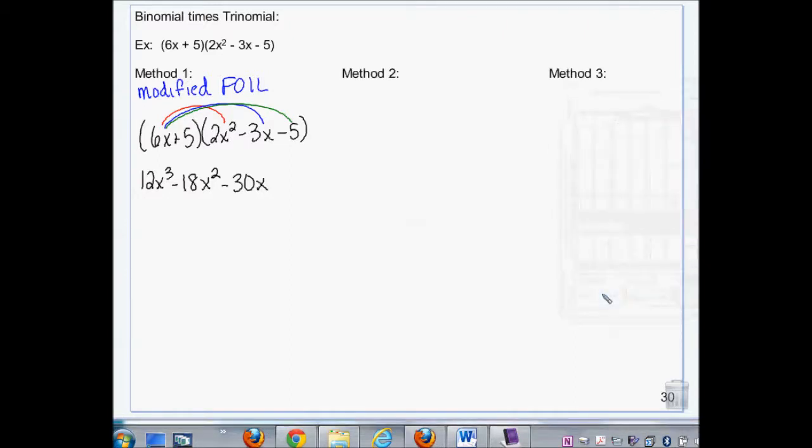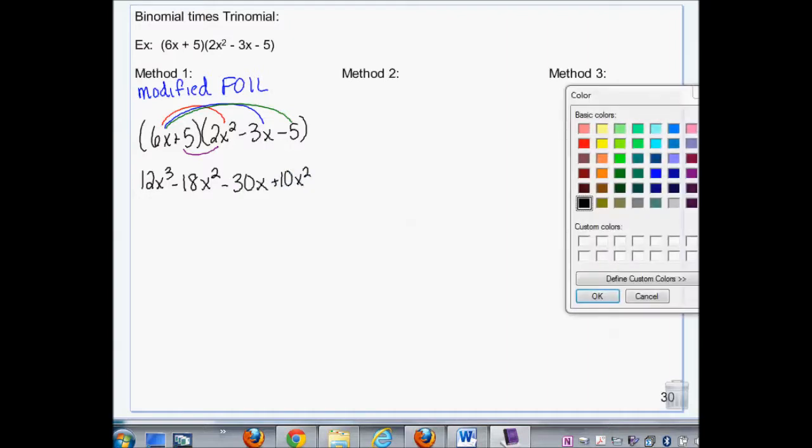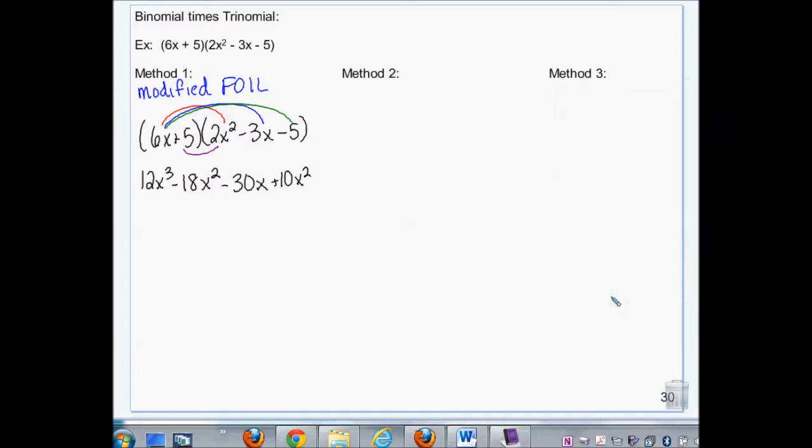Now I do 5. 5 times 2x squared gives me plus 10x squared. 5 times negative 3x gives me, I'm just going to move down a little so we have more space, sorry about that, negative 15x.